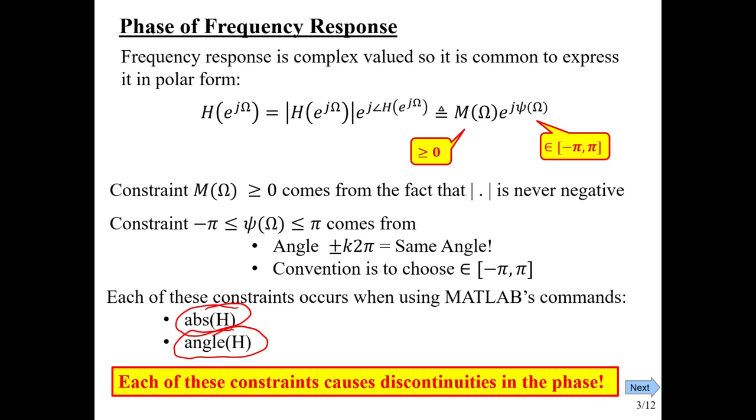I won't prove it. It comes out of the theory of complex valued functions from mathematics, or at least a class of complex valued functions. But it comes from those RCSR constraints. If you have such a transfer function, then you'll get this discontinuity from these constraints.